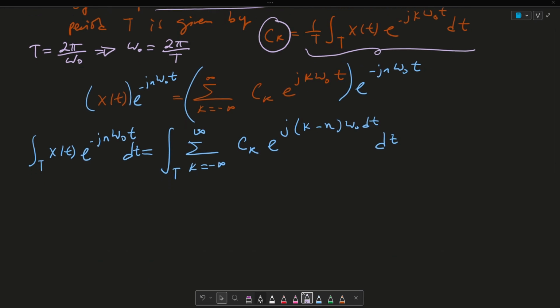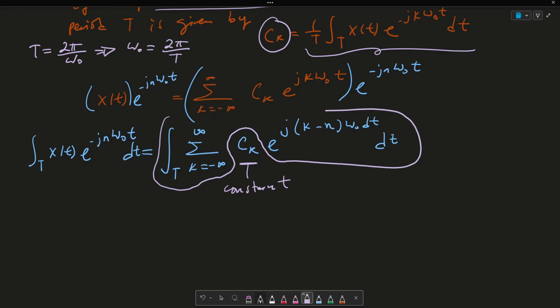And what I'm going to notice here is that this here is a constant, so it's not dependent on t. Essentially, I can pull this out, and this here is my integral.